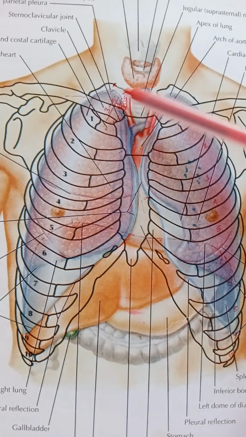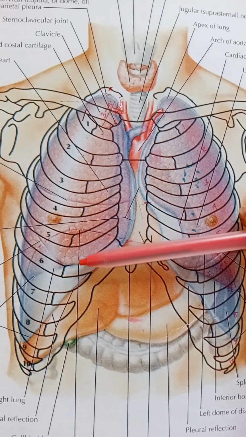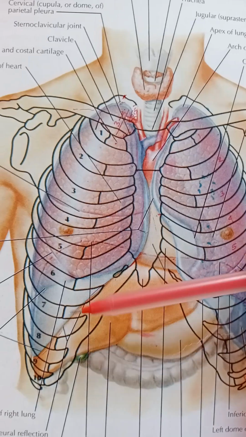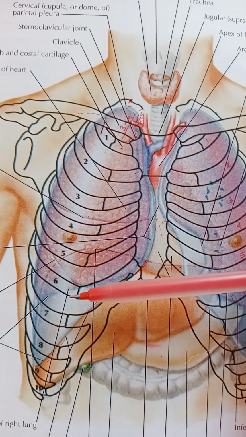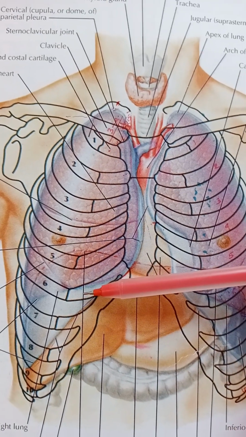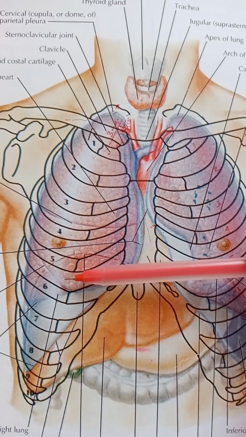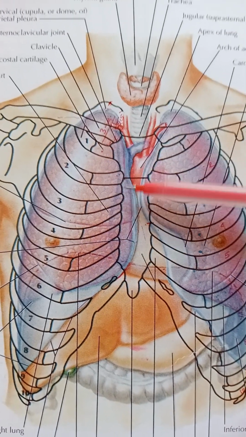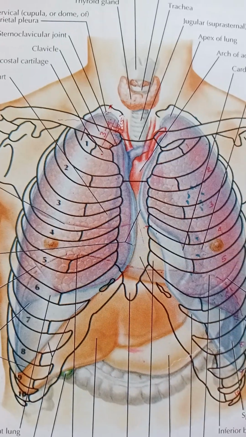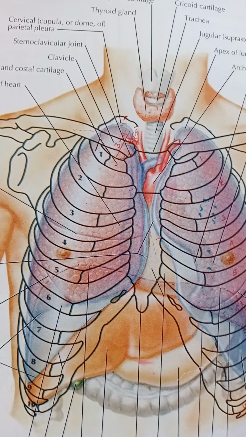And that endothoracic fascia also separates the costal pleura from the ribs with their costal cartilages, the intercostal space in between them, and the sternum in front and the vertebral body behind.